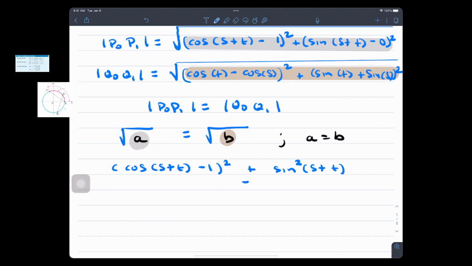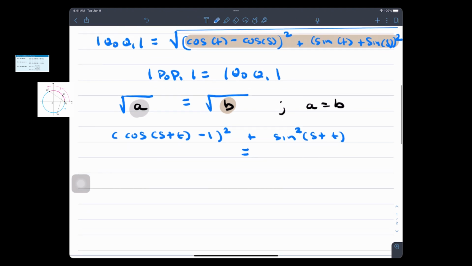That's going to be equal to cosine t minus cosine s, squared, plus sine t plus sine s, squared. Those are the same.